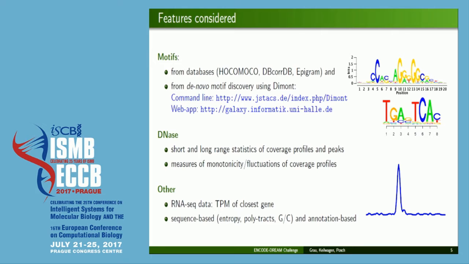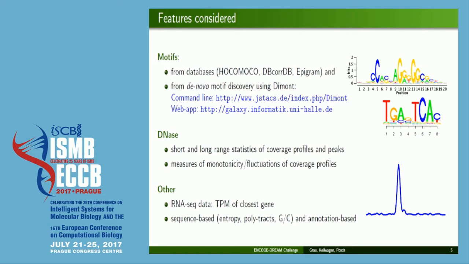And in addition, we used our own motif discovery approach to learn regulatory motifs from the ChIP-seq data that were provided in the challenge, and also from DNase data. And if you would like to try this out, that approach is available as a command line application and also in our Galaxy instance locally in Halle.